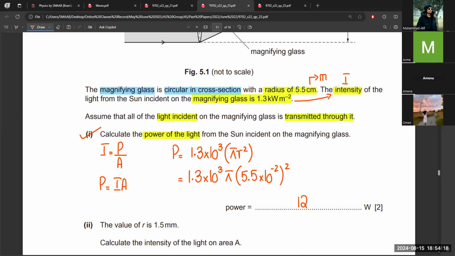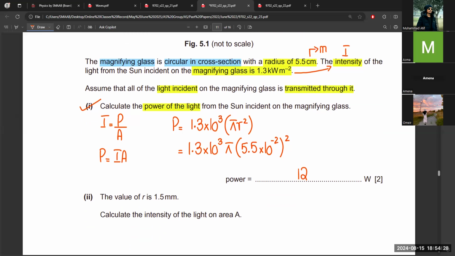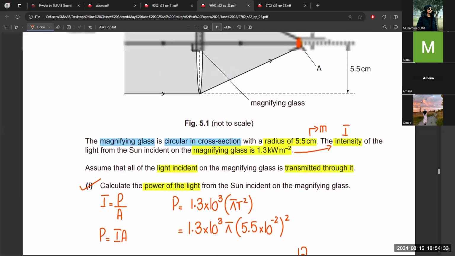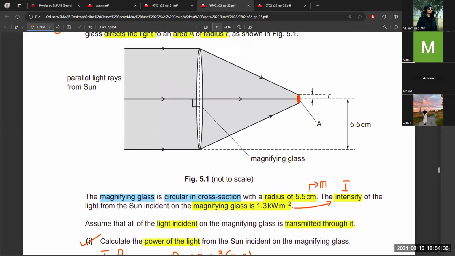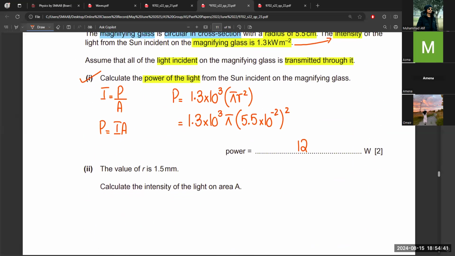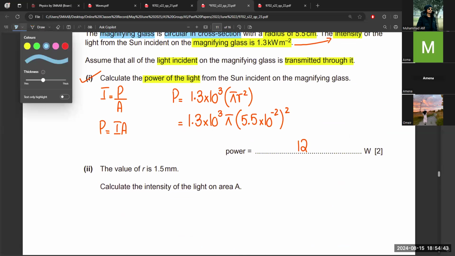Yes, I'm getting the same answer. Okay. So you are also getting the same answer. So power is equal to 12 watt. Okay. So the value of R is 1.5 millimeter. This is R. So the value of R is 1.5 millimeter.